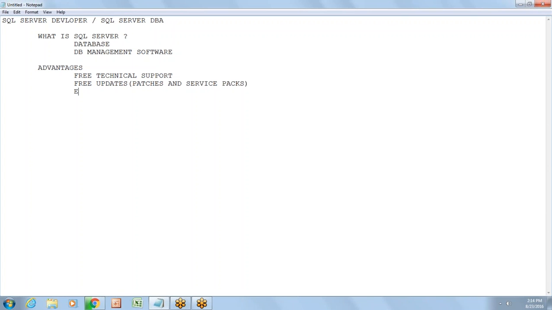SQL Server is easy to use, and compared to other RDBMS like Oracle or Sybase, it has cheaper licensing cost.